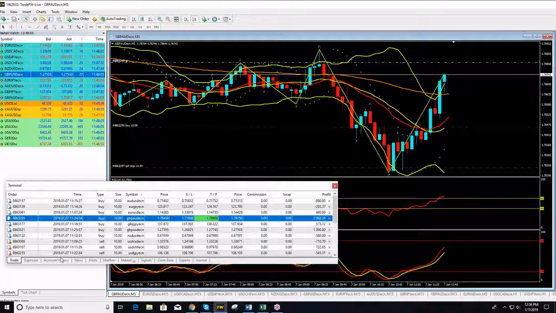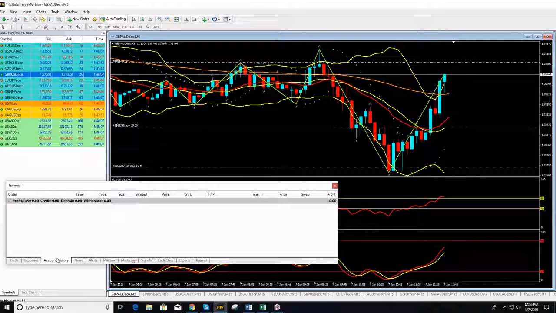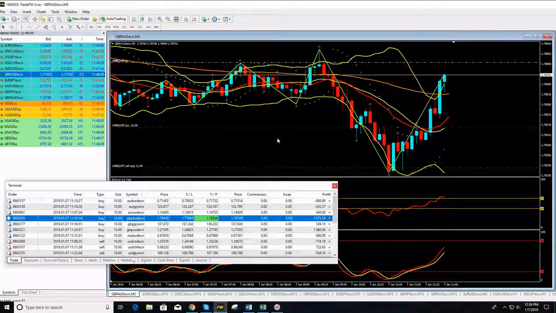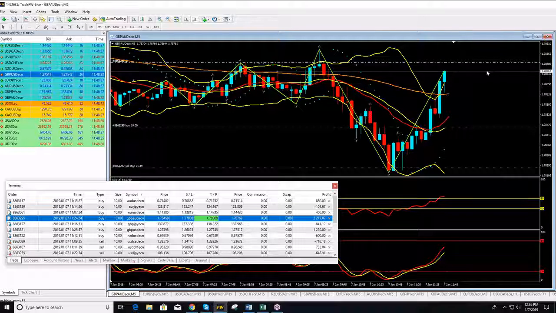We haven't closed any positions yet. We are just 48 minutes into the trading session, and the best performer for the moment is the pound Aussie trade. We are making a bit more than $2,000. And if the market continues to go up, I believe we will shortly hit our TP on pound Aussie.